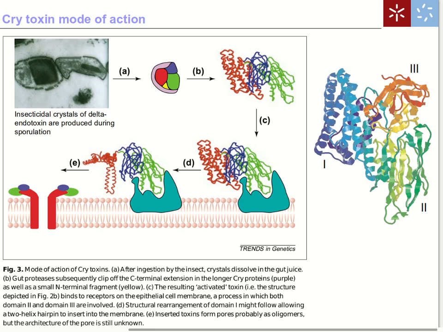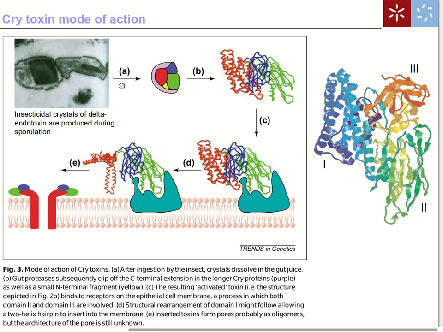The Cry toxin has a very interesting mode of action. During sporulation of the bacteria in the natural source of the toxin, it crystallizes in these diamond-shaped crystals here. And when these bacteria are ingested by the insect, the environment in the gut of the insect solubilizes this crystal. Insects have high pH in their guts, as opposed to mammals like humans.